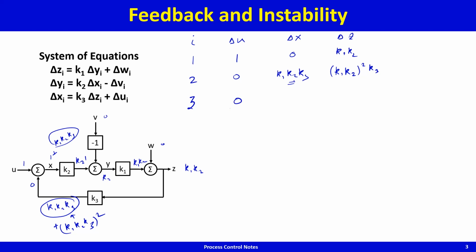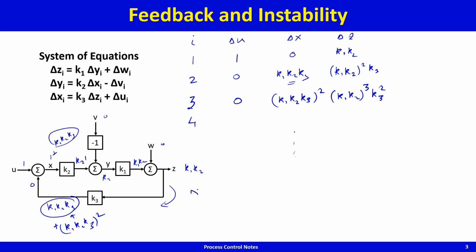no change in u, this is going to be k1 k2 k3 whole square, and therefore this is going to be k1 k2 whole cube times k3 square. And because of this additional change in the feedback signal, at instant 4 you can calculate, and so on and so forth.